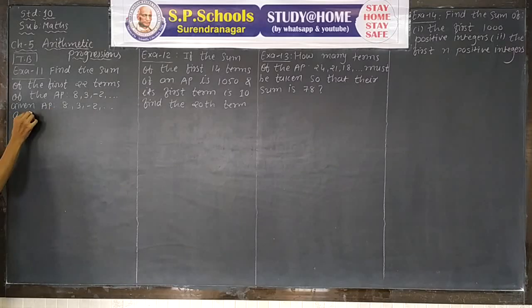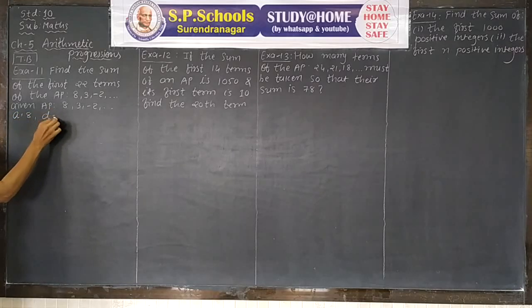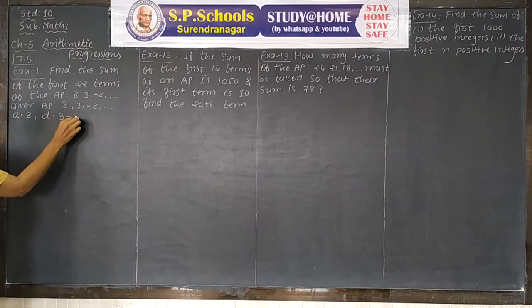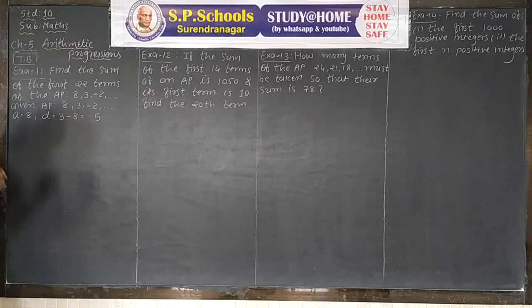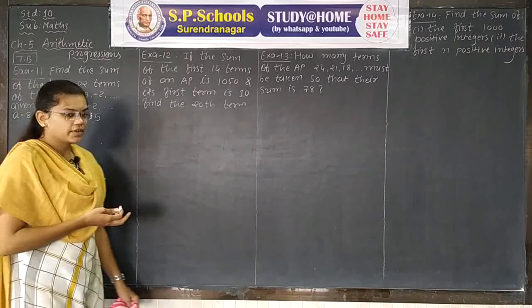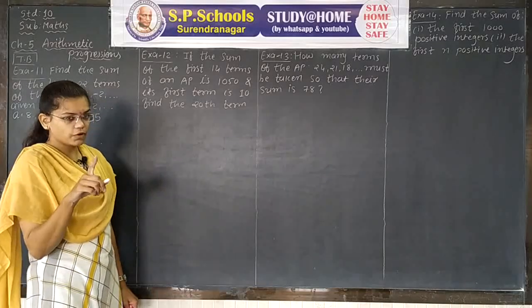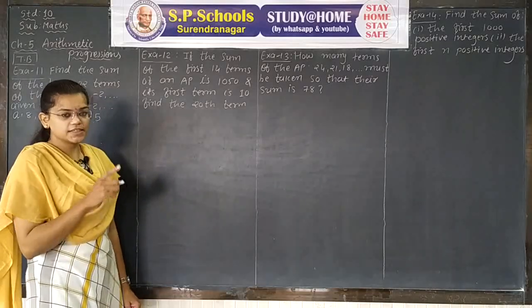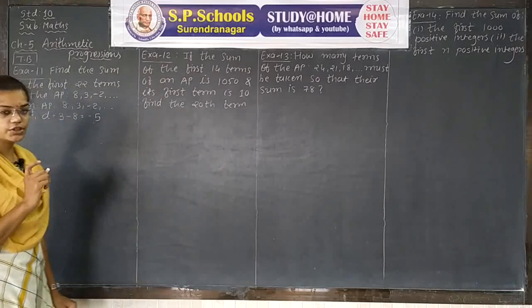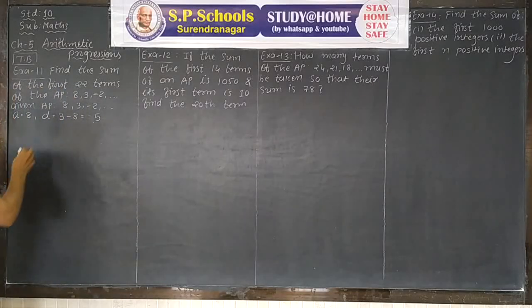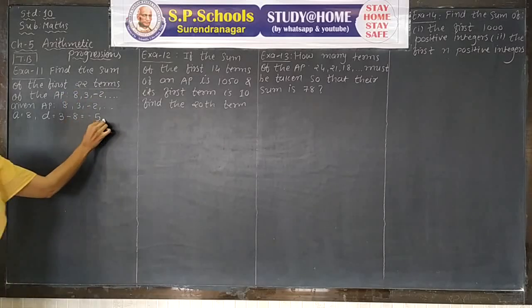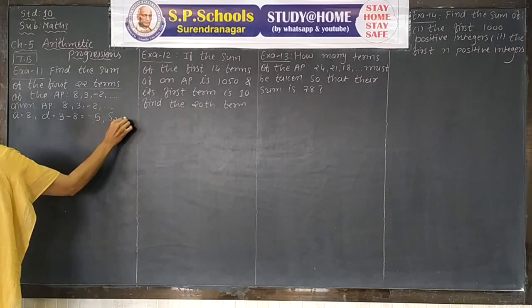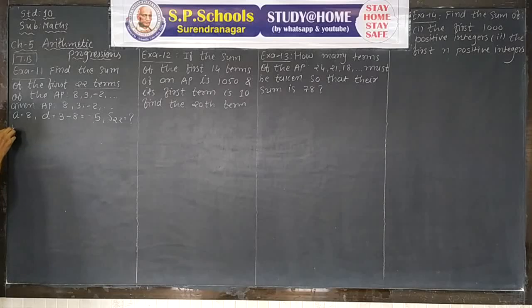First term a is equal to 8, common difference d is equal to second term minus first term, which is minus 5. It is an infinite AP, that's why we are using here our first formula, the long formula, Sn equals n upon 2 into bracket 2a plus n minus 1 into d. We need to find the sum of first 22 terms, which is S22 equals question mark.